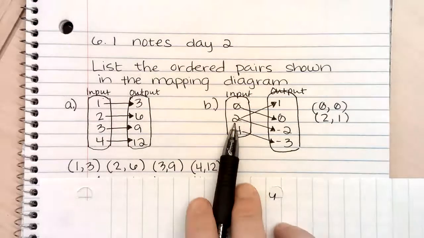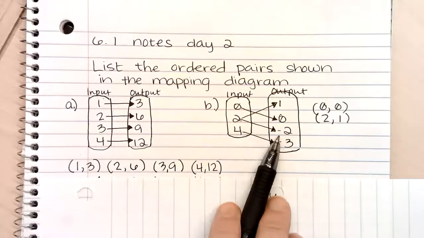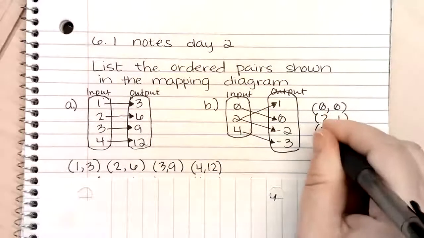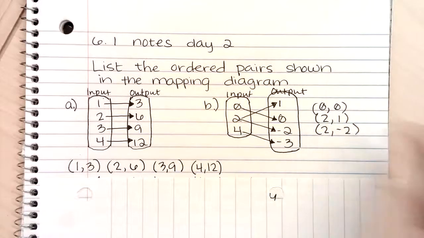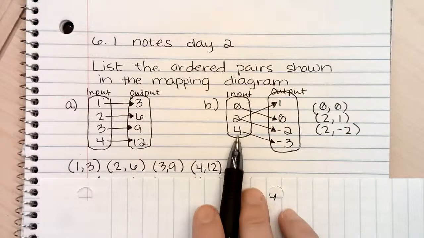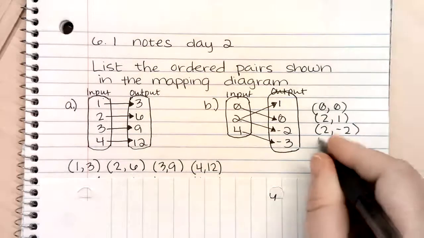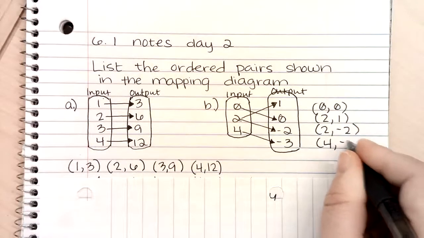But I have another arrow coming out of the 2. So it looks like I also have 2, -2. And the last input is 4. Just one arrow coming out of 4 down to the -3. So I have 4, -3.